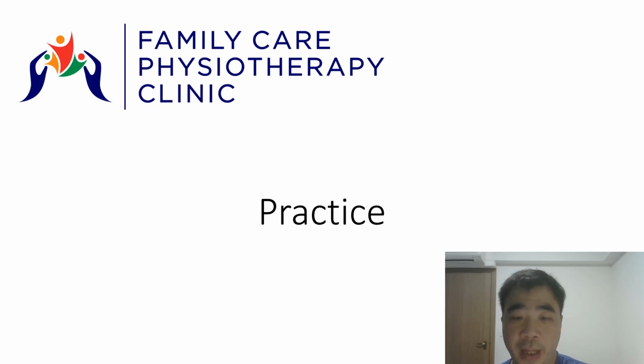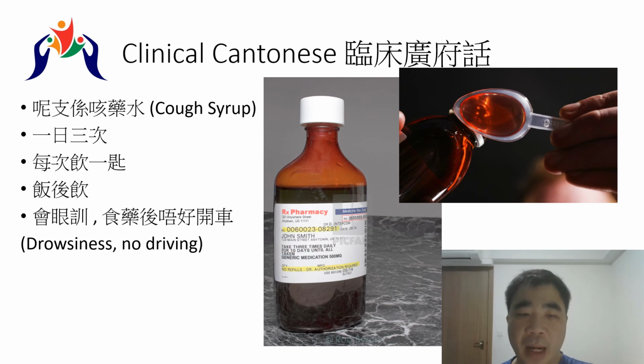Here we come to practice how to give instructions. I give two examples. Let me make up an example. Assume we are prescribing cough syrup, 1 day 3 times, every time 1 spoon. In Hong Kong, the measurement is a standard plastic spoon.